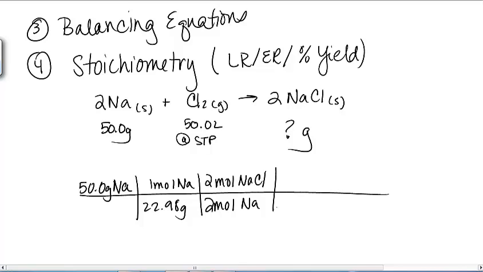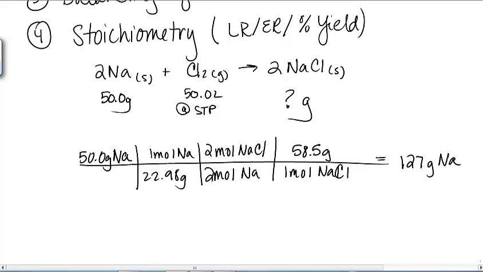And I would go, you don't have to yet, but I would go right to grams because ultimately you need to figure that out anyway. So 1 mole of sodium chloride is 58.5 grams. And I calculated this, got 127 grams of sodium chloride, which is not my answer because I don't know if sodium is my limiting reactant.